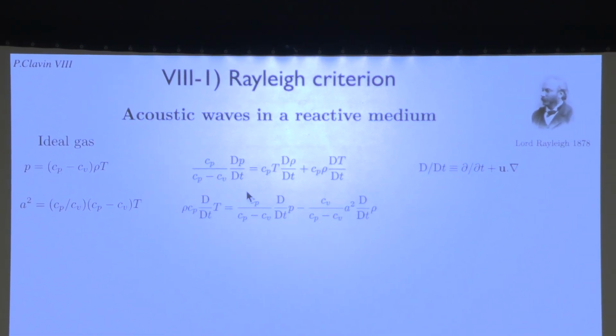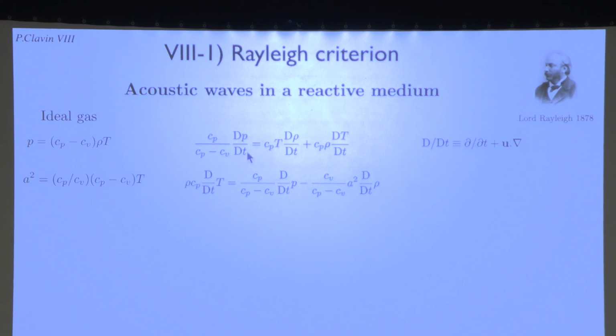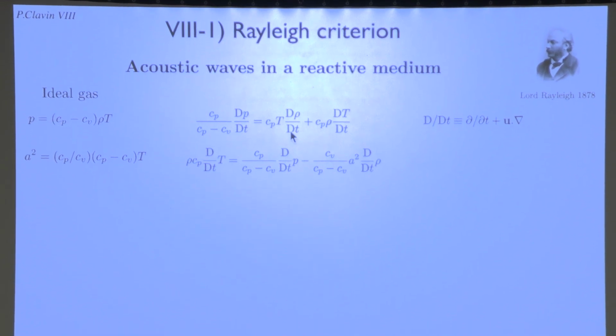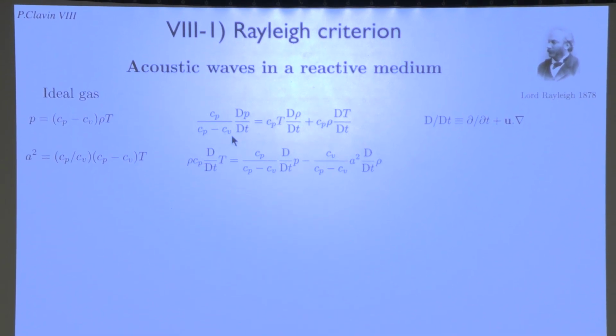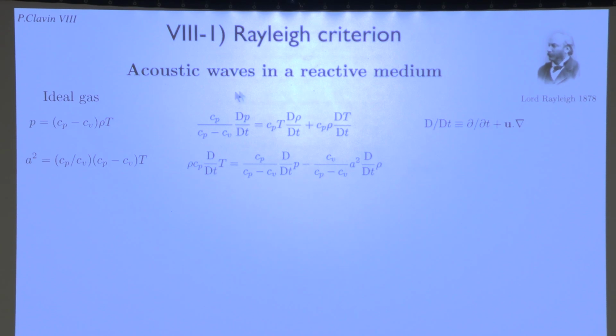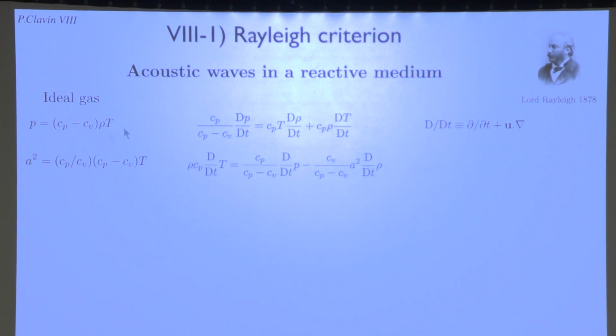Now you take the Lagrangian derivative here, and you divide by Cp over Cv, and you obtain this. And now you simply introduce the speed of sound, assuming that it is isentropic.